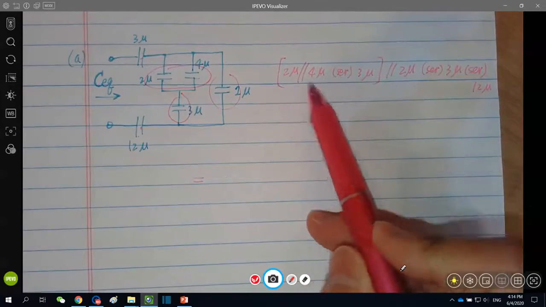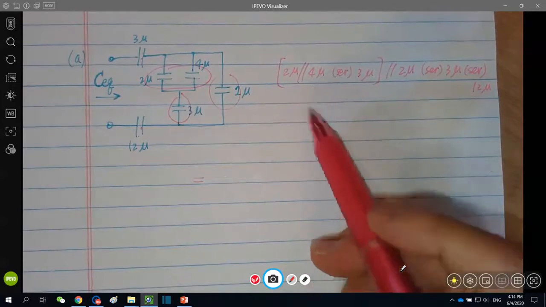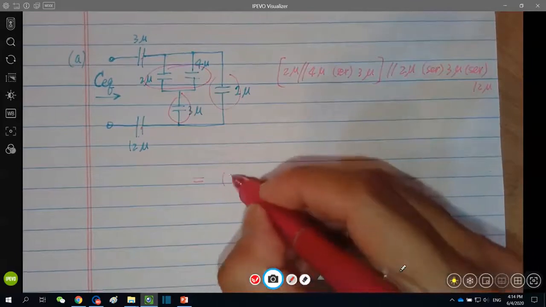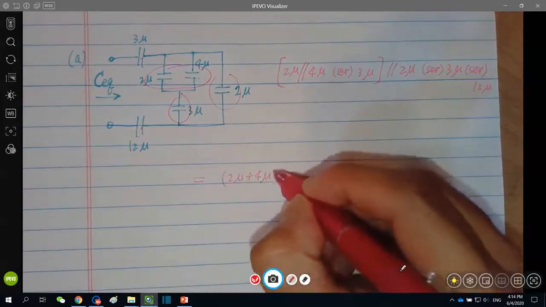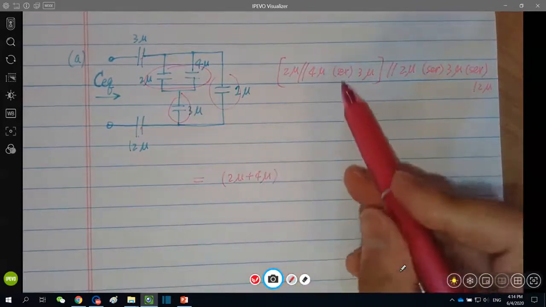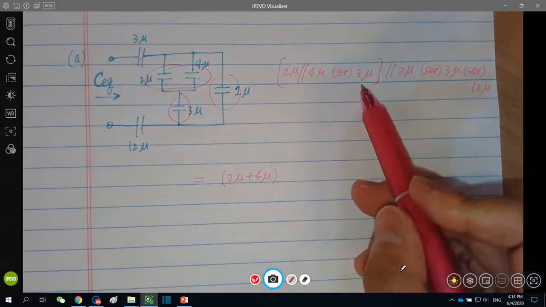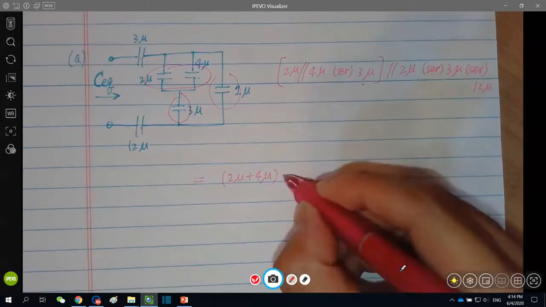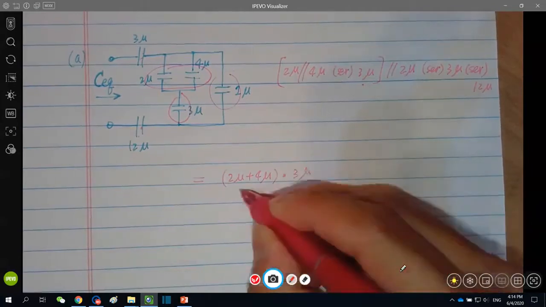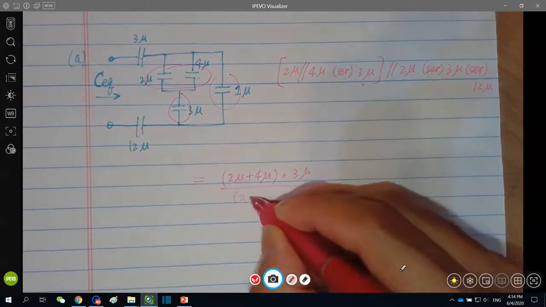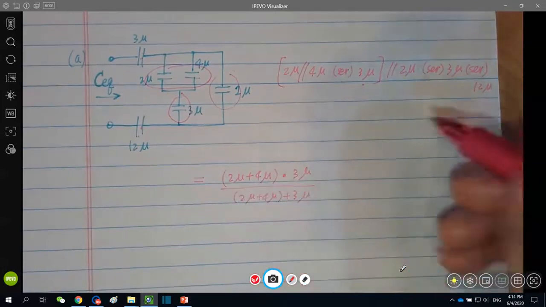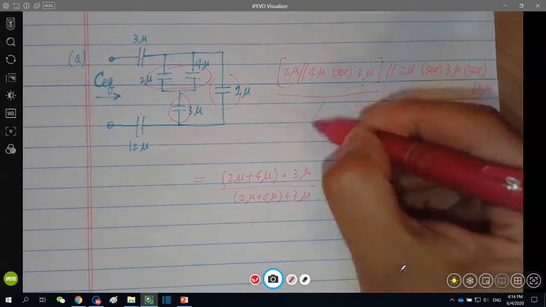For these two parallel, the rule is the same as the series connection of resistors. So 2 micro plus 4 micro. Series with 3 then means what? Apply the parallel rule of resistors, which means take the product times 3 micro. The denominator is 2 micro plus 4 micro plus 3 micro. This is the bracket result.